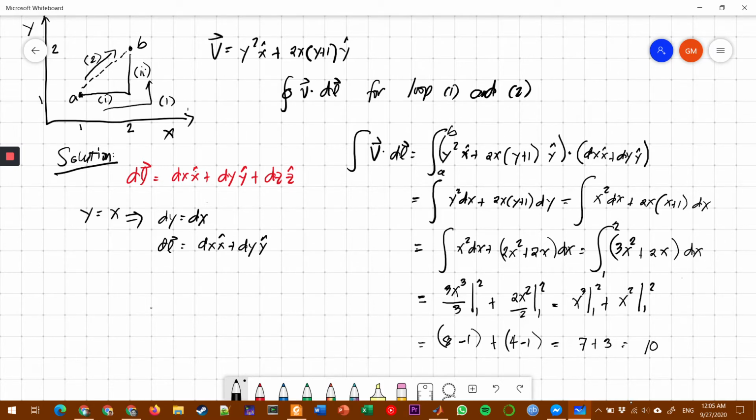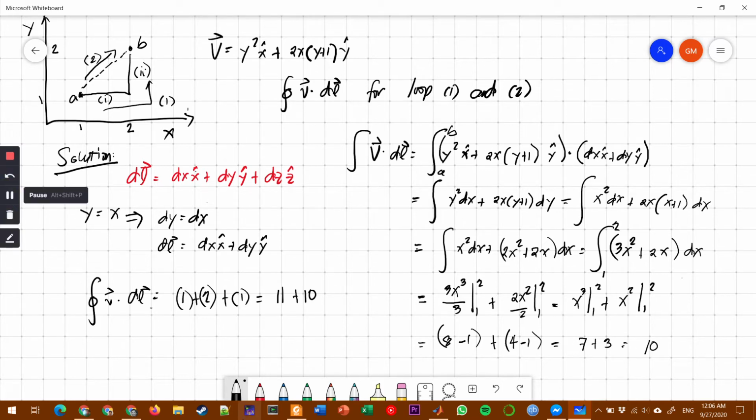Now if you have this closed loop integral, right, V dot dl, we have from path 1 plus path 2. Ano siya? Path 1 na siya path 2. Back na pud ka sa path 1. So actually, ang path 1 nimo is 11 to, diba? Plus path 2, mali.